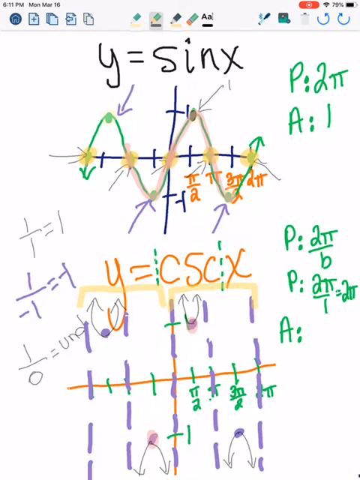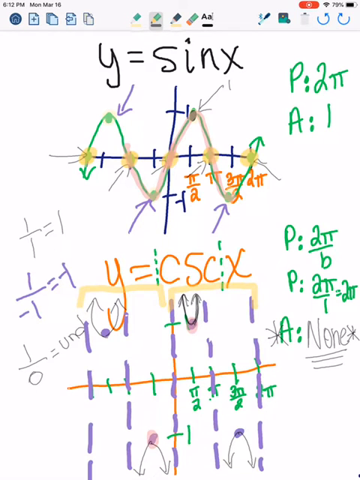Now the amplitude is a little funky. The amplitude is actually none. So that's new. You may want to put a star by that. Okay. Why is the amplitude none here? Well, because amplitude, if y'all remember, is like another word for height. Height means how tall something is. Well, if you notice, this parabola is going to keep going up forever and forever.